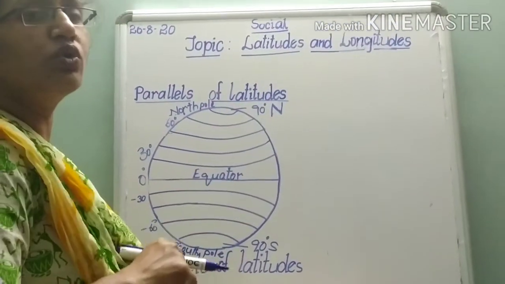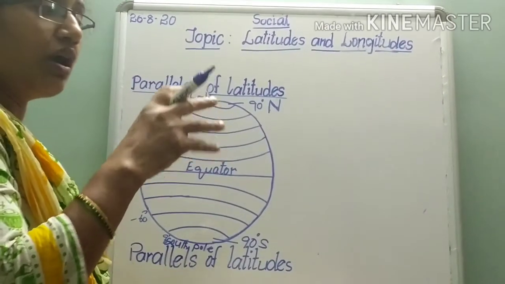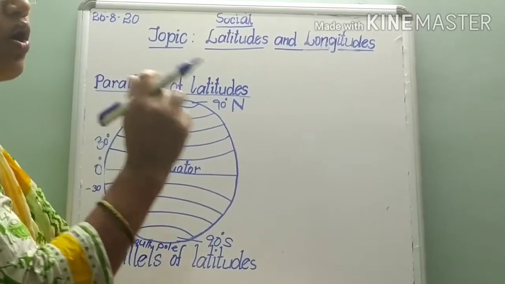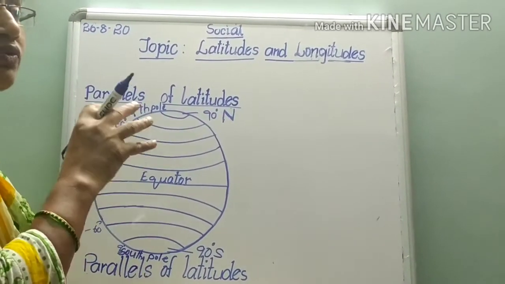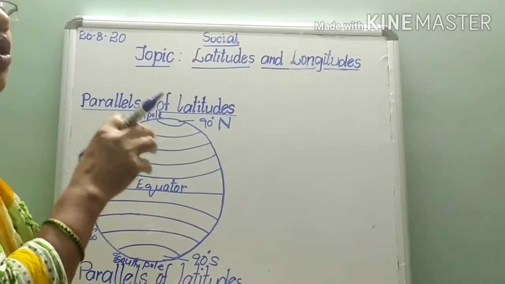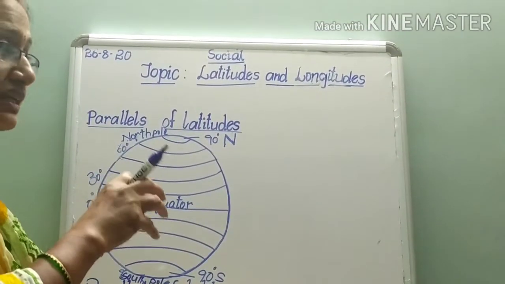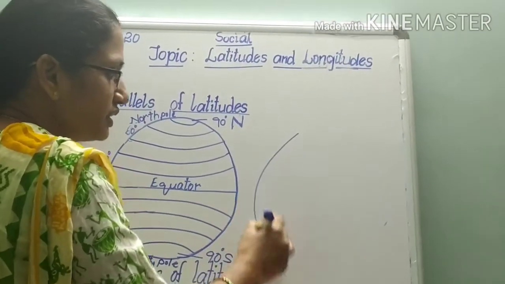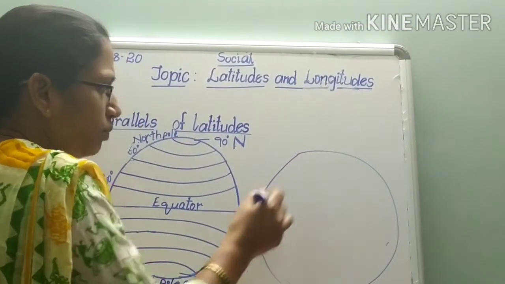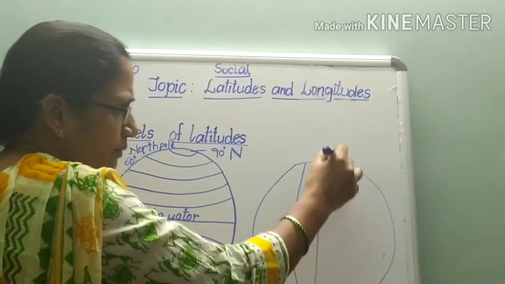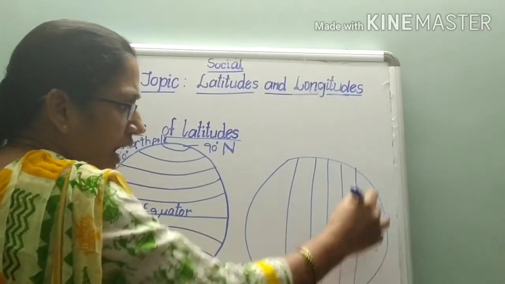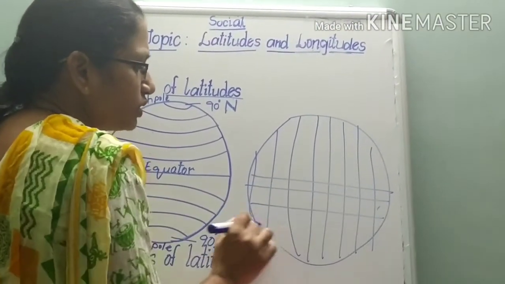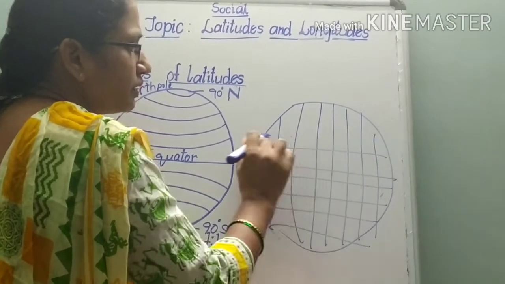Before going to this, let us know a little bit about this number. Have you observed the globe? On the globe, a number of lines run across it. Consider this is a globe. On this globe, there are a number of lines horizontally and vertically that run across it.